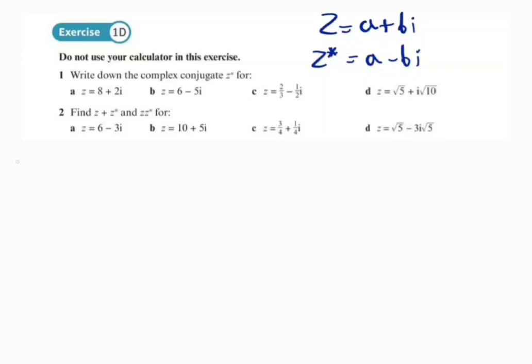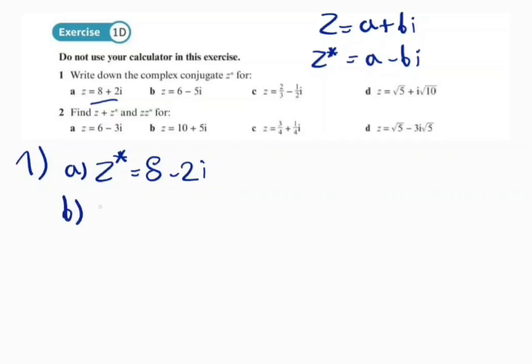In question 1, we have to find the complex conjugate of each of these complex numbers. For example, in A, z is equal to 8 plus 2i, then the complex conjugate of that is 8 minus 2i. As simple as that. And this principle is the same for all the complex numbers.